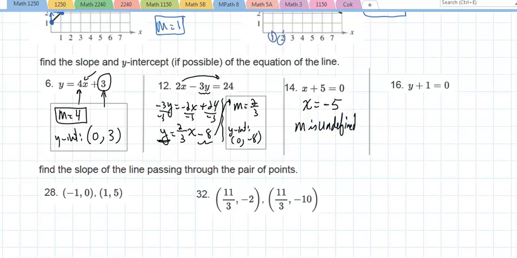Not only that, I am aware, you don't have to graph this, but I am aware that this is a vertical line at x equal negative 5. And do you see that could never ever cross the y-axis? That's why they say, if possible, no y-intercept.